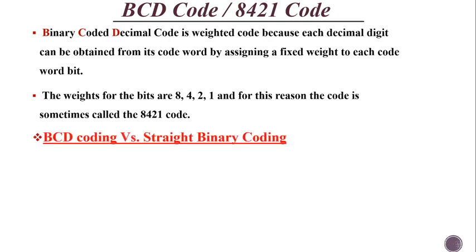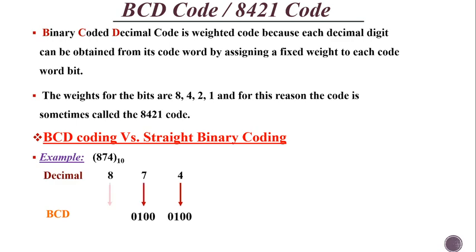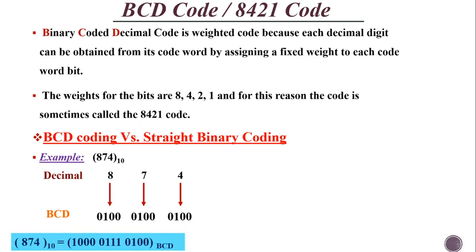So here, BCD coding versus straight binary coding is given. BCD coding is nothing but we just have to represent the given decimal number in its equivalent BCD number. So here, I have given the same example. This 874 is represented as 1000, 0111, 0100.